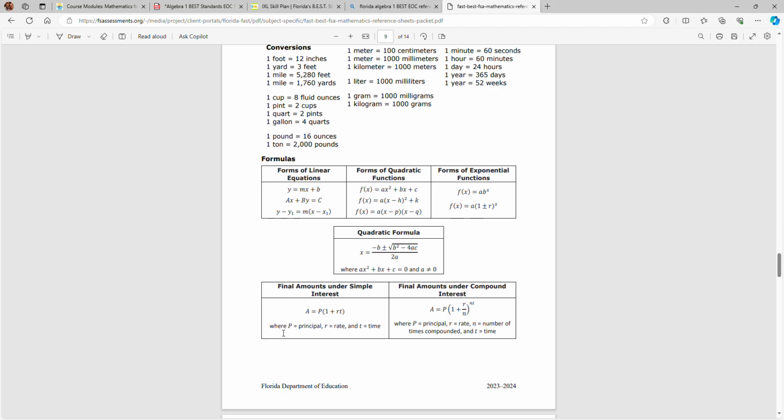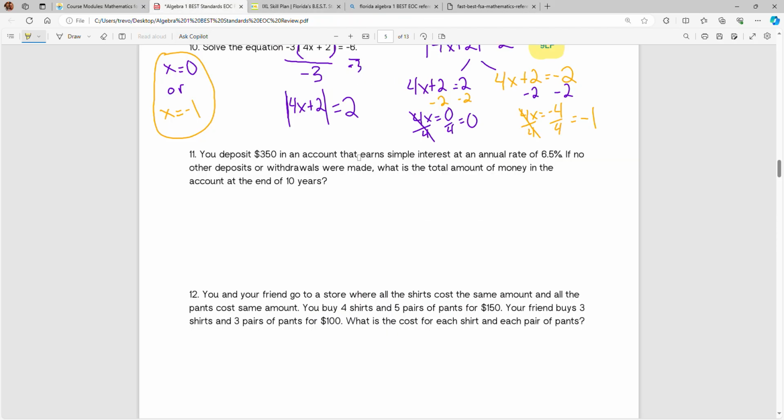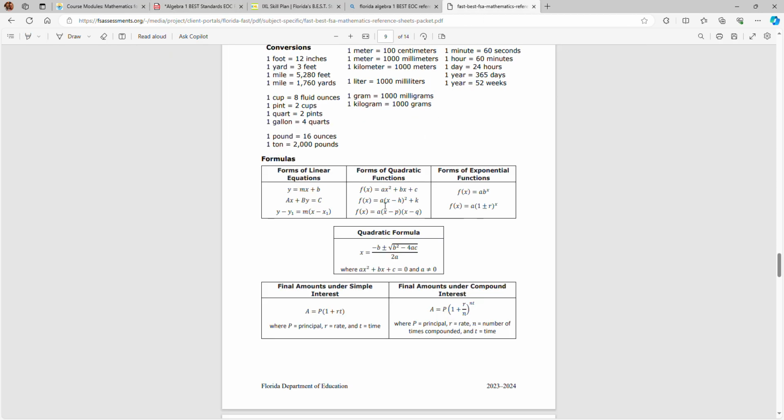I'm thinking about the reference sheet right now because as soon as I saw my keywords here, simple interest, I wanted to look here. Final amounts under simple interest.